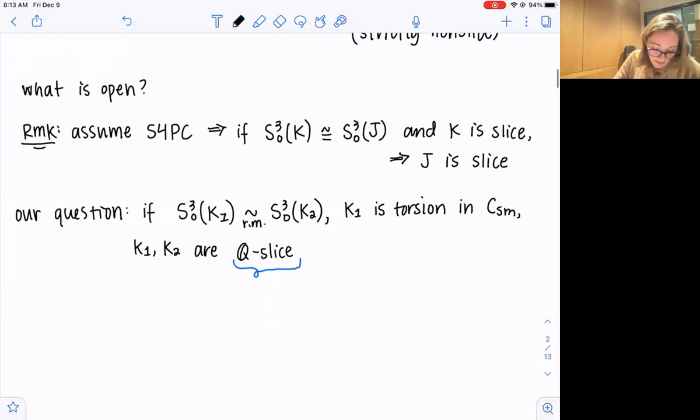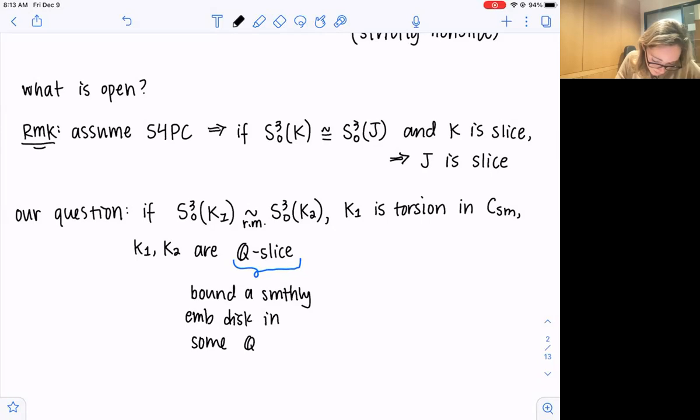What it means is that instead of necessarily bounding a smoothly embedded disk in B4, we just require that they bound a smoothly embedded disk in some rational homology 4-ball, meaning some 4-manifold that has the same rational homology groups as B4. Of course, smoothly slice knots are a proper subgroup of rationally slice knots, a sort of generalization.